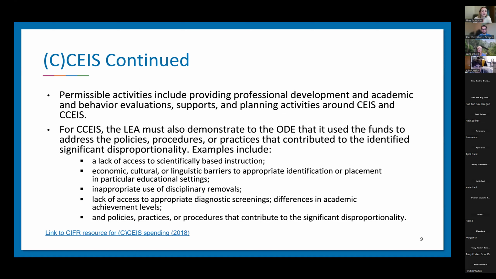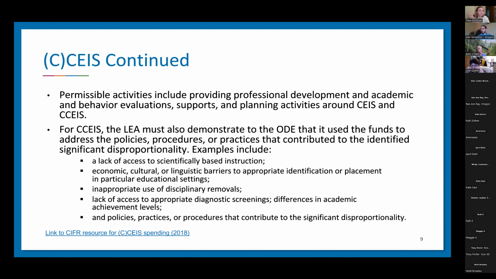Then we also have some examples of factors that could contribute to the identification of significant disproportionality. It could be a lack of access to scientifically based instruction, or economic, cultural, and linguistic barriers.